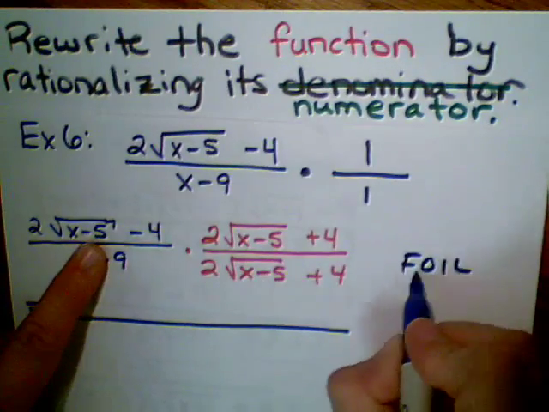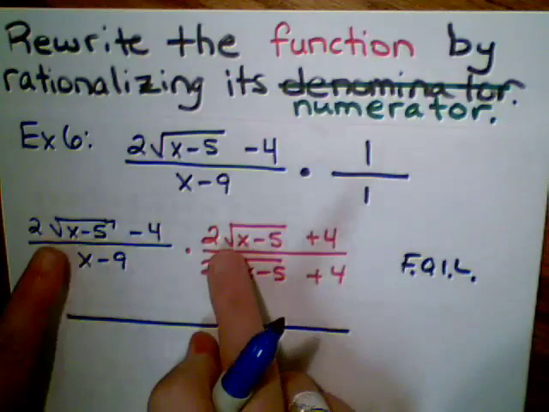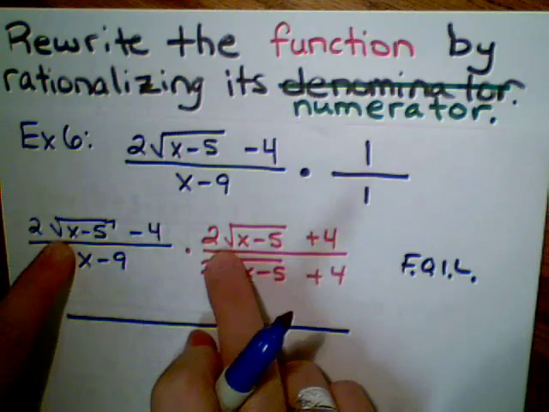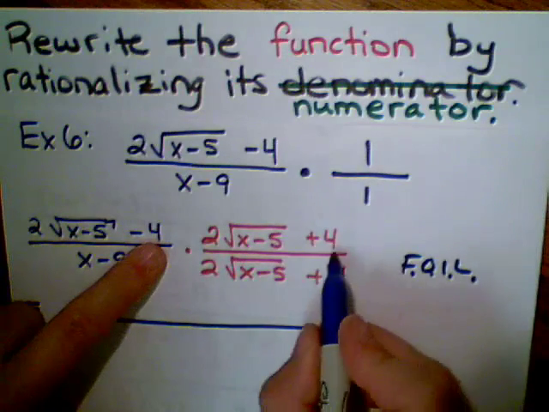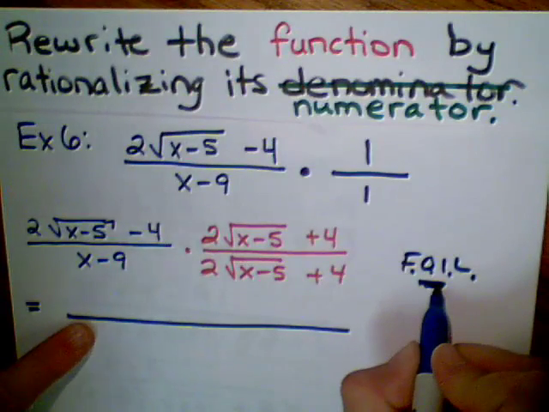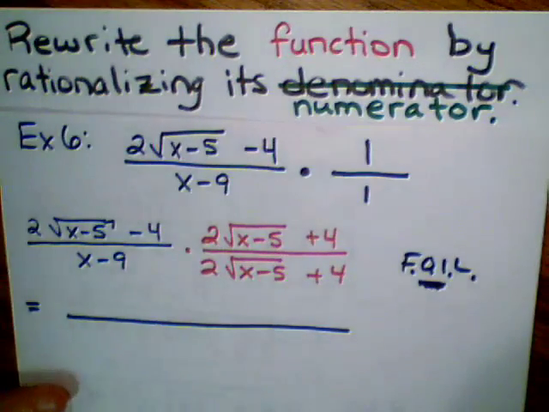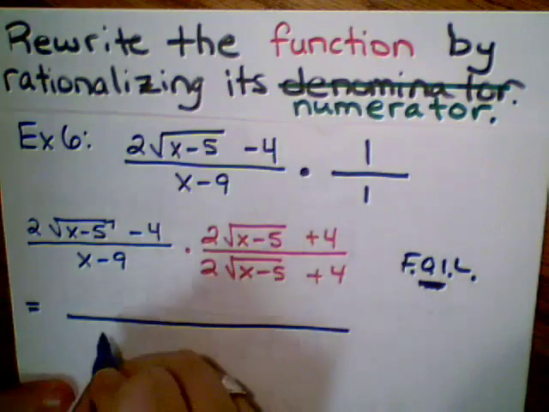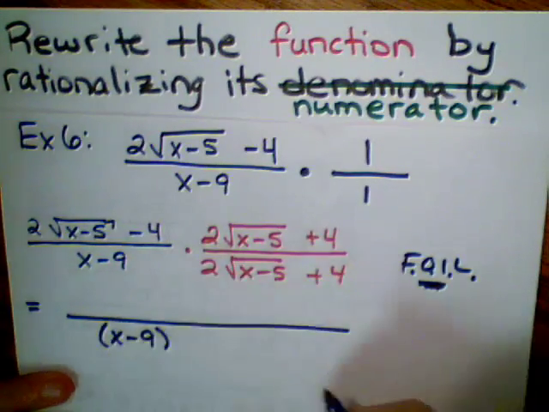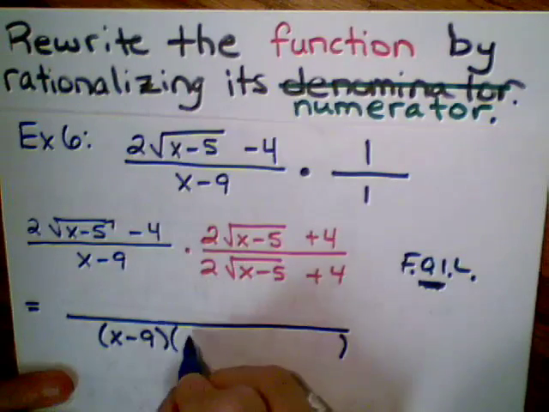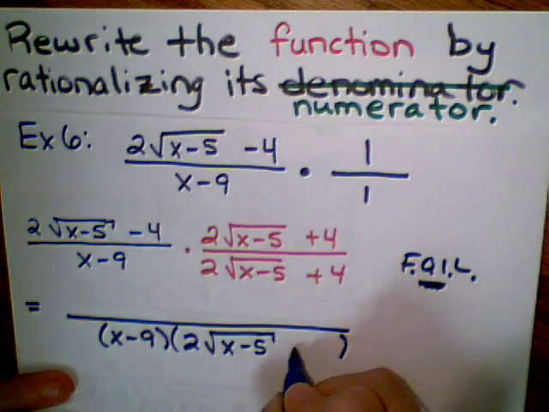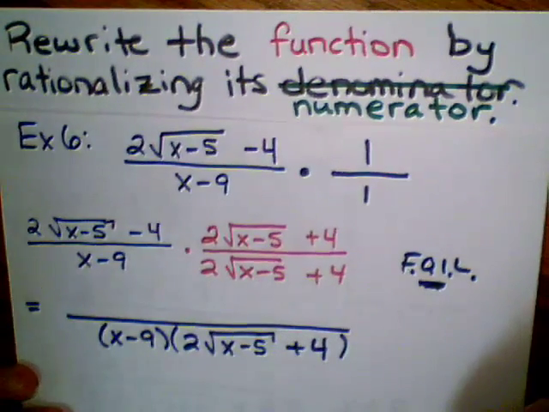When we use FOIL to distribute, the first terms are going to multiply and the radicals will disappear. The last terms will multiply eventually and we'll get a perfect square, but the outside and the inner terms will add up to 0 and the expression will simplify immensely. We also learn from experience that in the denominator we don't want to distribute because we're looking for some factors that will cancel. So let's leave the denominator factored.